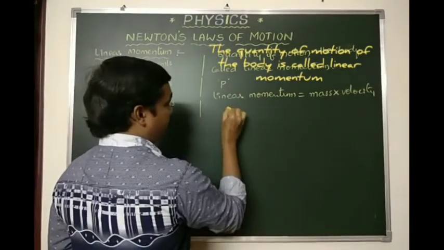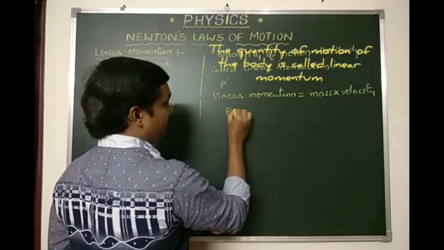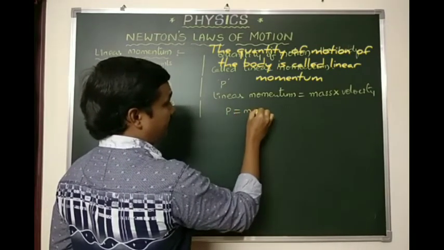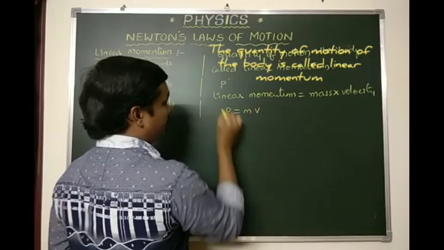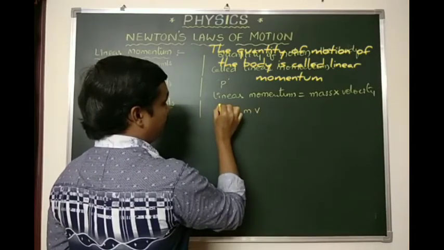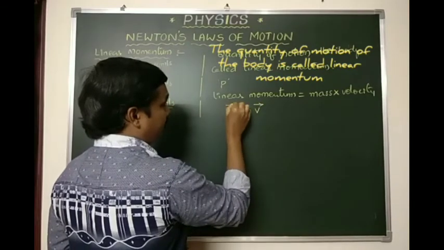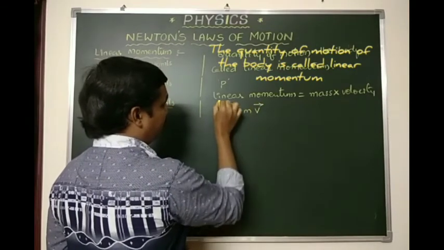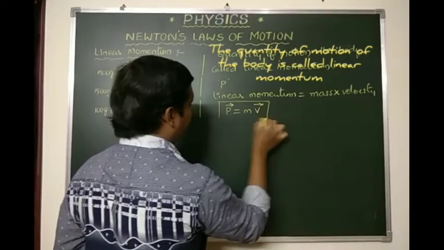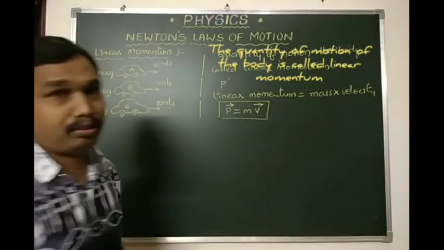Mathematically, linear momentum is P, mass is M, and velocity is V, so P = mv. Velocity is a vector quantity and momentum is also a vector quantity. This is the mathematical expression for linear momentum.